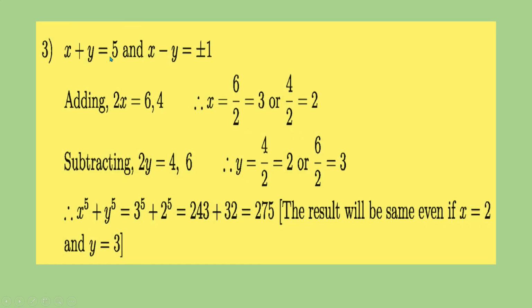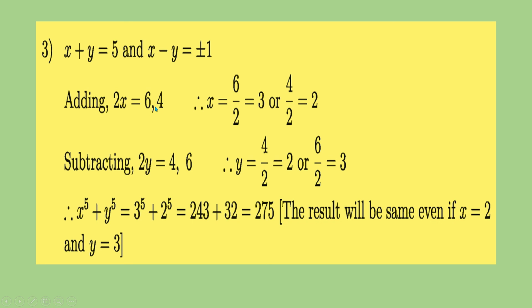Now the 3rd number: x plus y equals 5 and x minus y equals plus minus 1. This is a given condition, and from 2 we have got x minus y is equal to plus minus 1. Now adding this and this, we will get 2x is equal to 6 or 4, because when we take plus 1 we'll get 6, and when we take minus 1 we'll get 4.